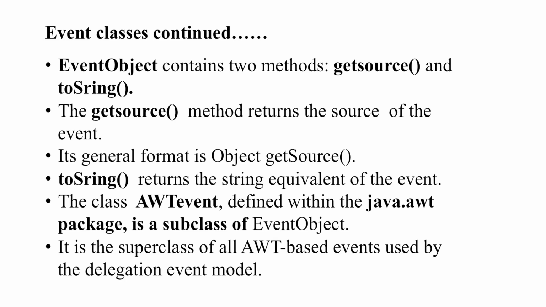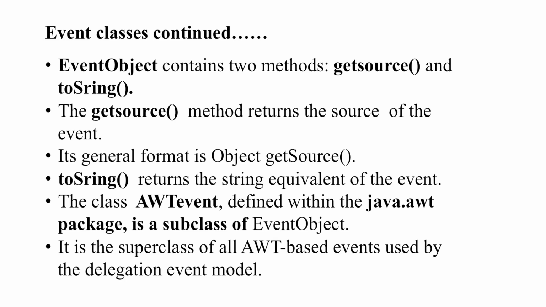Event classes. EventObject contains two methods, getSource and toString. getSource returns the source of the event, and the general format is Object getSource. toString means the string equivalent of the event.